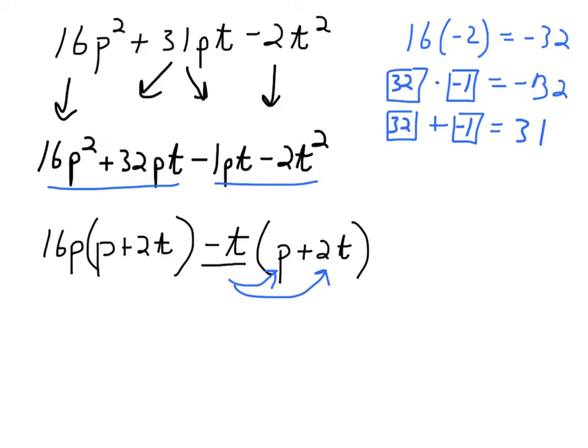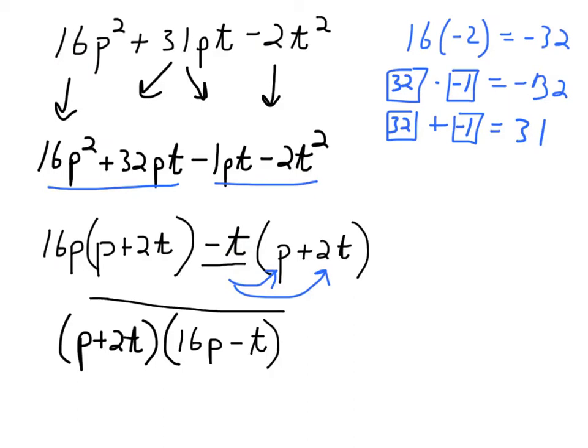So then when we write our final answer, the p plus 2t is going to be one set of parentheses, and the other one is going to be combining the 16p and the minus t together. So 16p minus t. And that'd be our answer.